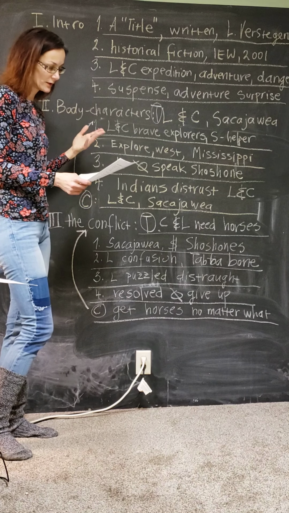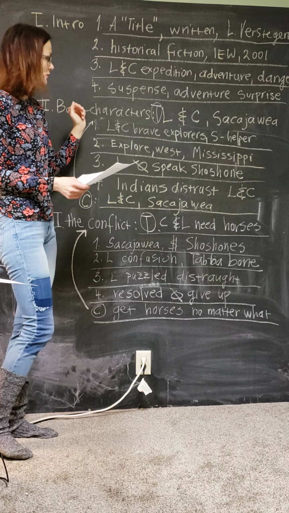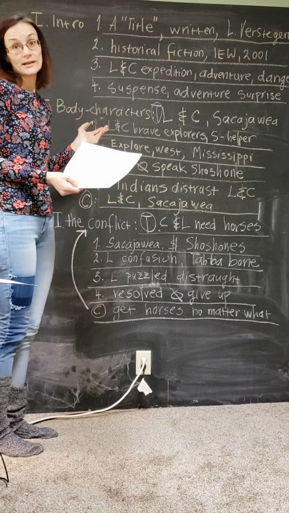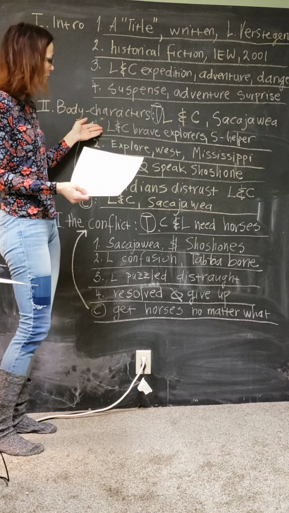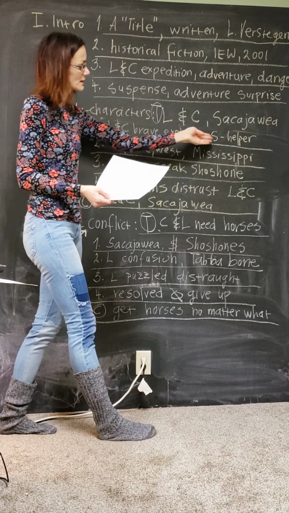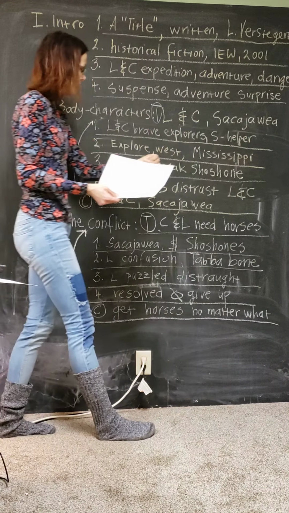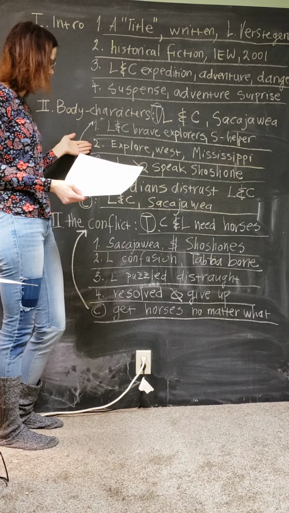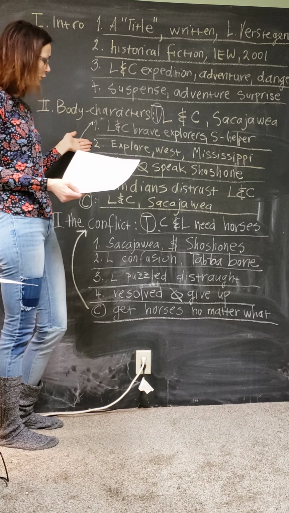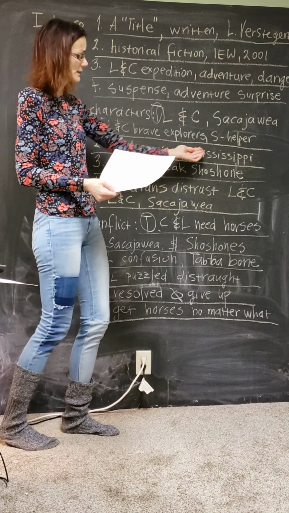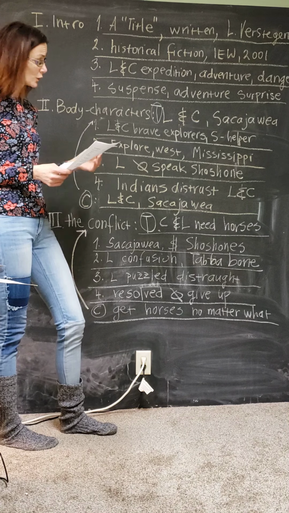I could even say the 3 main characters of the story are Lewis and Clark and Sacagawea, who was their Indian helper. And then you're supposed to describe them, which again, LC, brave explorers, Sacagawea, helper. You can also say something about her being kidnapped. In the third sentence, my words are explore, West, and Mississippi, which tells you what motivates them.